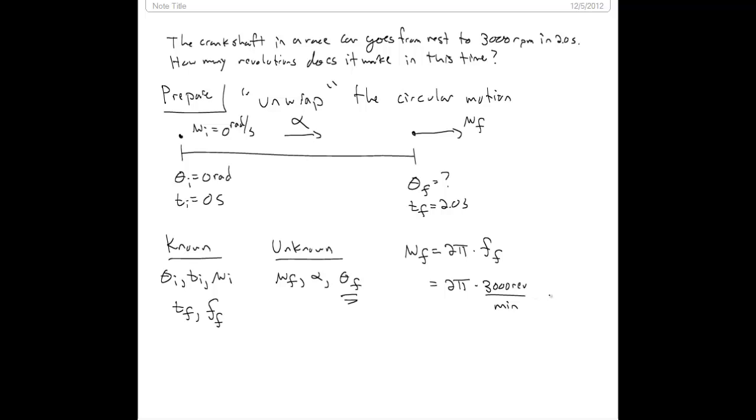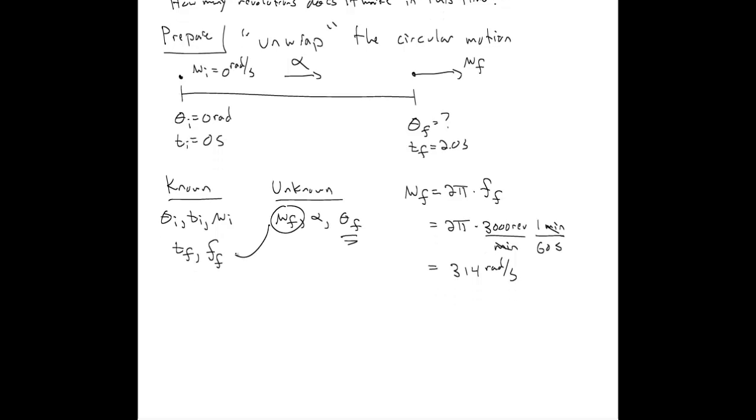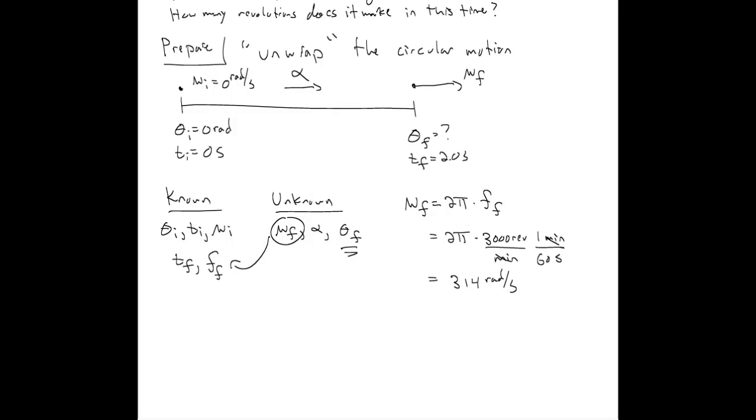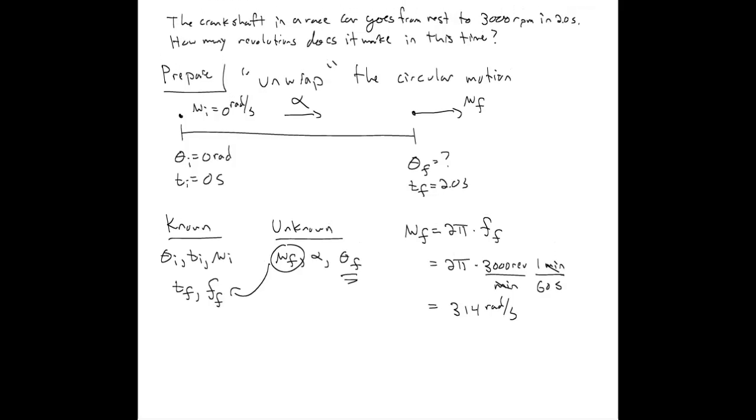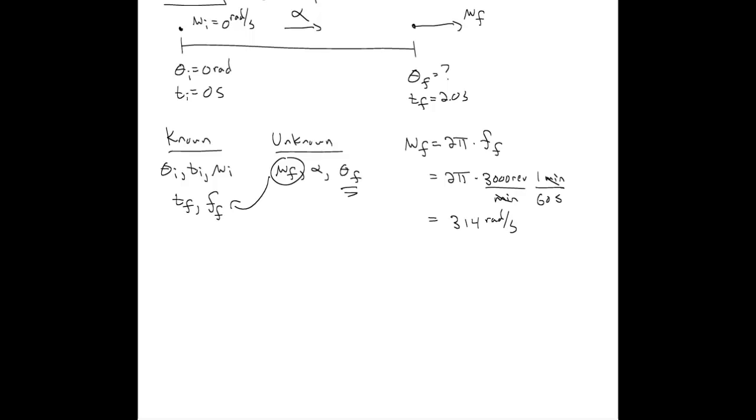And we want to convert the revolutions per minute into revolutions per second, so we have to have 1 minute is equal to 60 seconds there. And once we multiply all of that out, we should get something like 314 radians per second for omega f. So now we've actually moved this final angular speed, omega f, over to the known category.